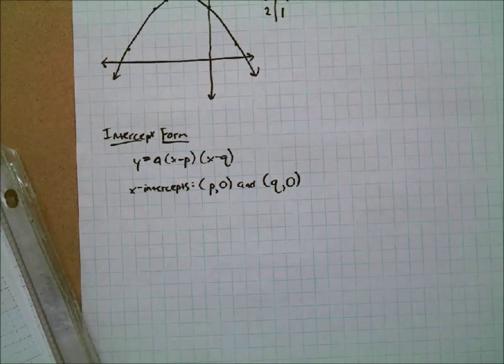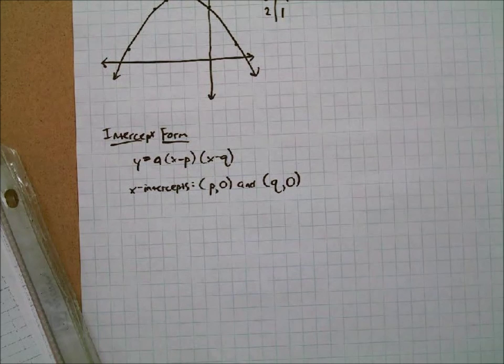Given those x-intercepts, how could we use those to help us find the x-coordinate for the vertex at least? How can we use the p and the q there to help us find the x-coordinate for the vertex? Yeah, Danny? Find the midpoint. Okay, so what would we do with the p and the q to find the midpoint of those two? You got it, exactly right.